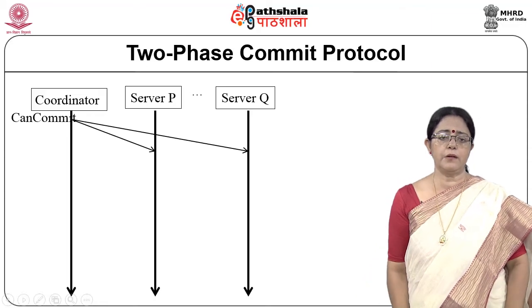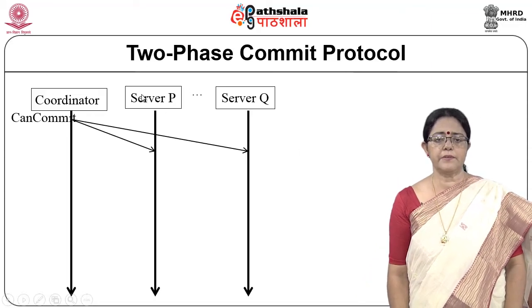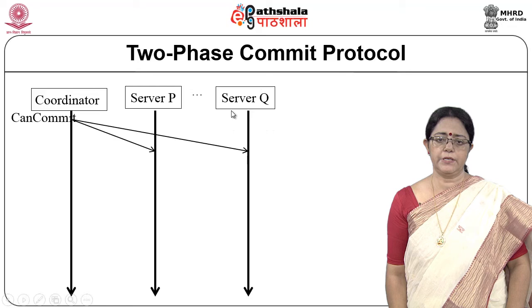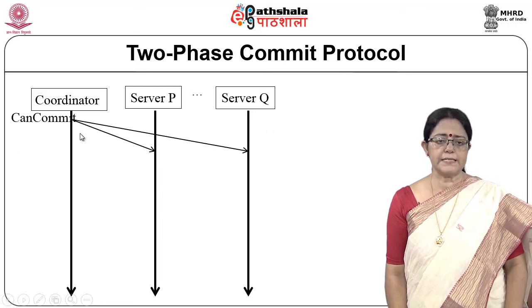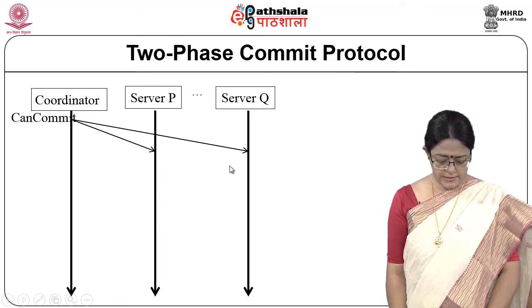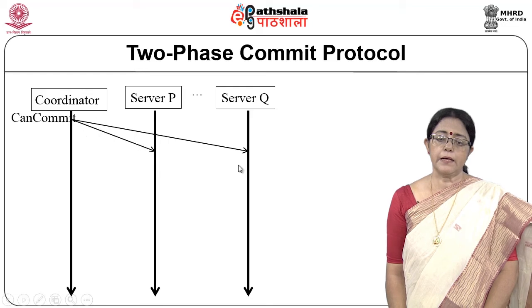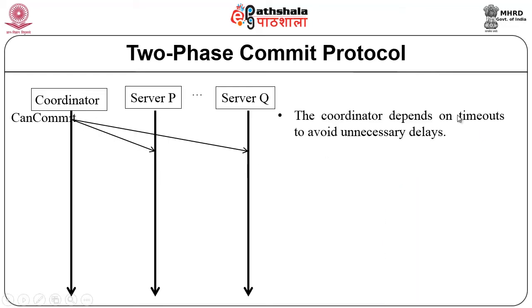So, this is the can commit the coordinator is sending. We have one coordinator and a server P and a server Q. The coordinator sends a can commit to both the servers. While the servers are taking the decision, the coordinator starts a timeout.